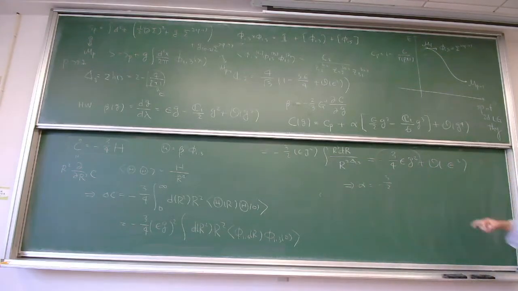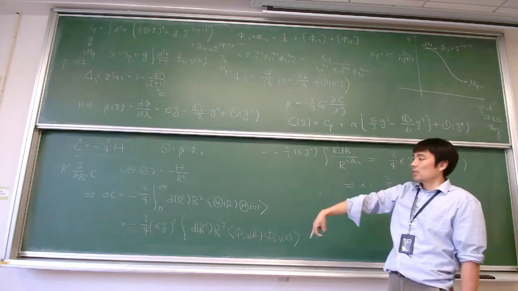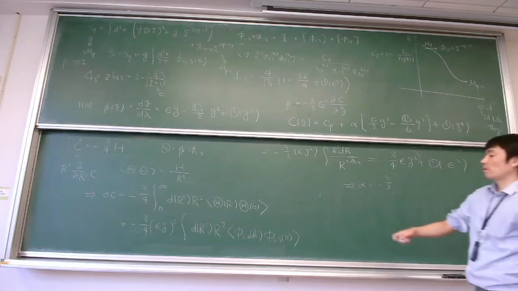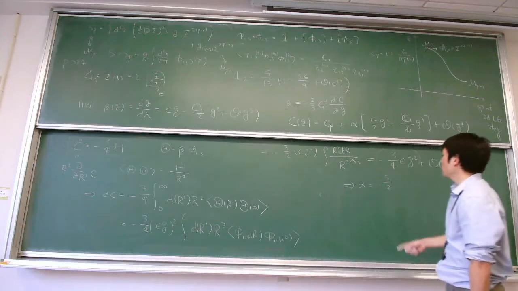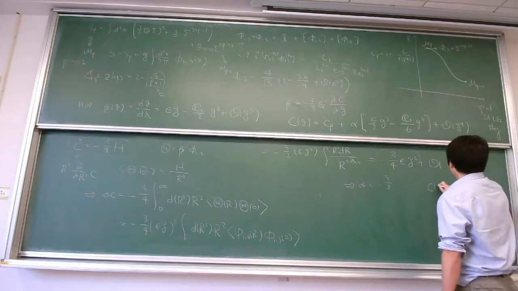So even though we didn't know the Zamolodchikov metric, by using this Zamolodchikov method and also the Callan-Symanzik equation and then the 2-point function of the primary field, we can determine alpha. And where's the fixed point? The fixed point is C at G star.